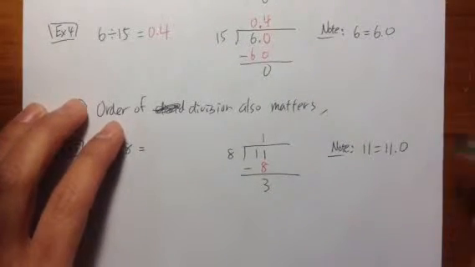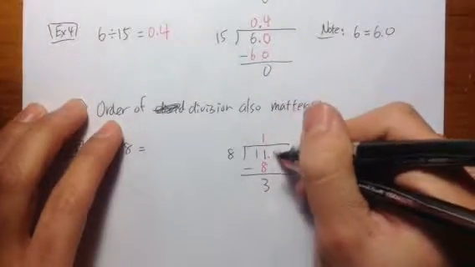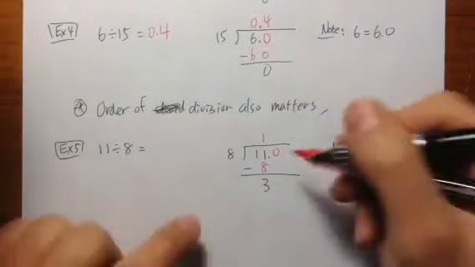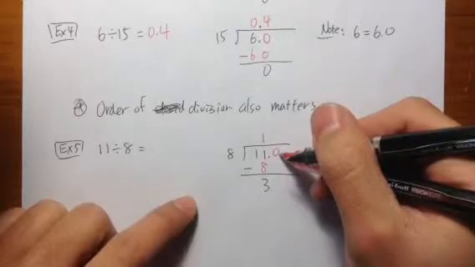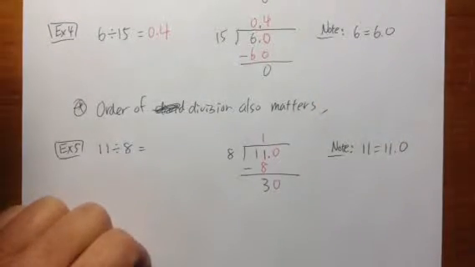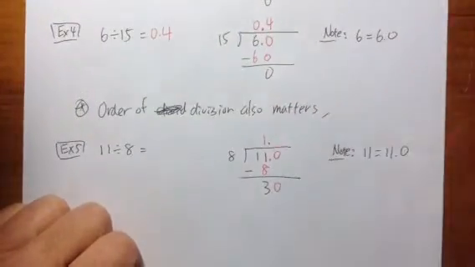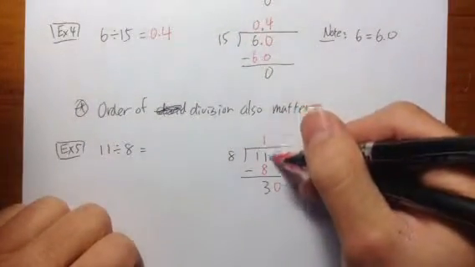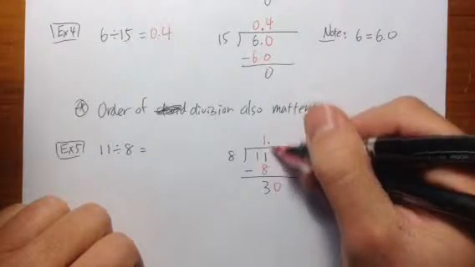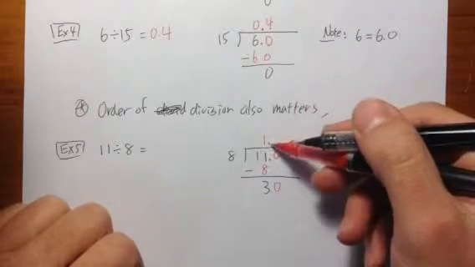I will use this concept. I will put a 0.0 right there. And then this allows us to bring down this 0 to here. Before we forget to line up the decimal at the end, you can put a decimal point right here already.